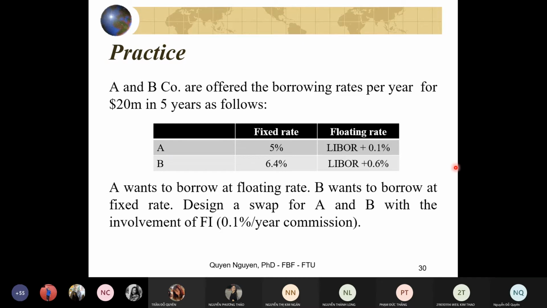But before we do this practice exercise, I'll give you some time to copy it first, and then today I'm going to check attendance for the very first time. Actually, I forgot it, and this is the seventh session already.